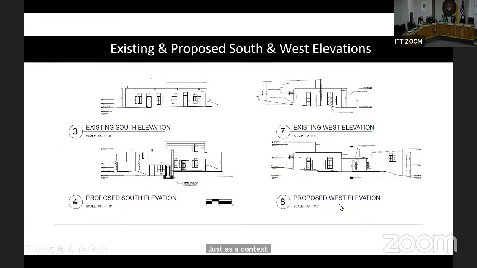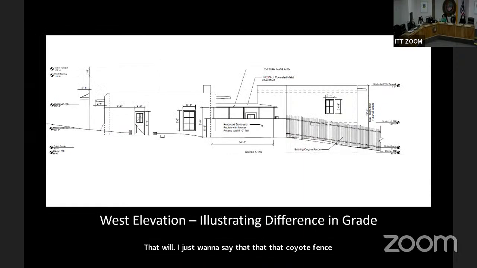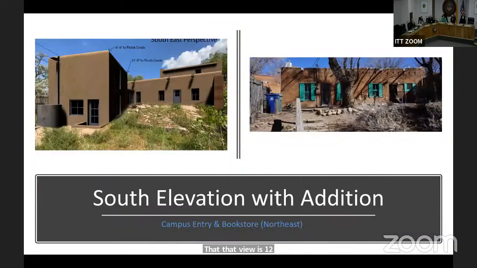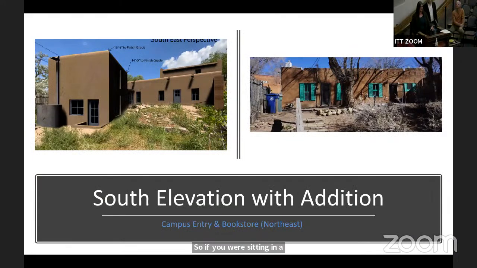That wall, I just want to say that coyote fence from the road to the top of the coyote fence at that view is 12 feet. And there is no sidewalk. So if you were sitting in a car and the wall is 12 feet tall, I don't believe you would have that view, but that's just a point. Chair wanted to give the elevation. Okay.